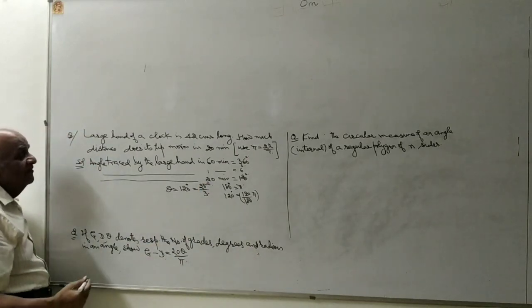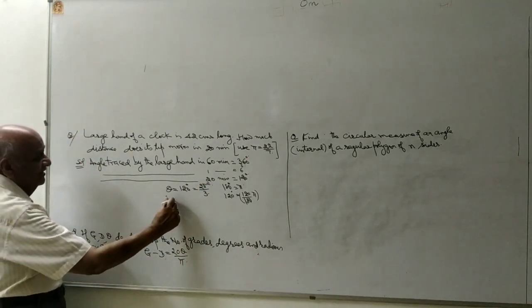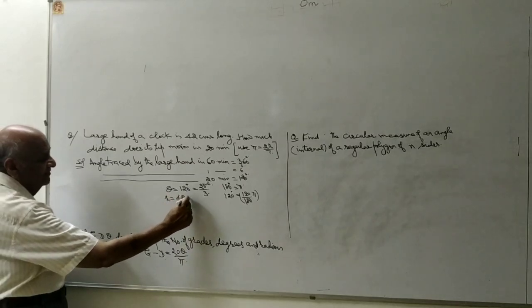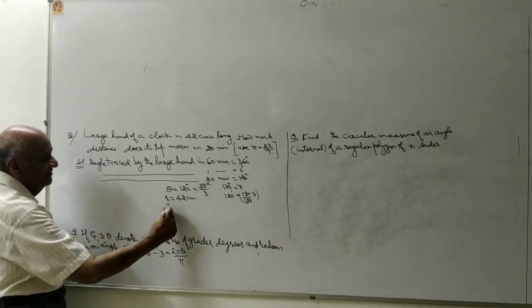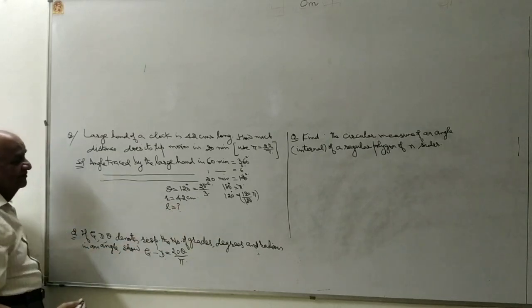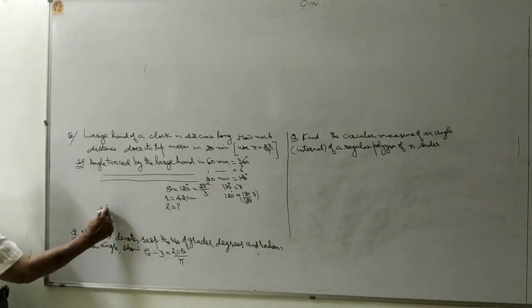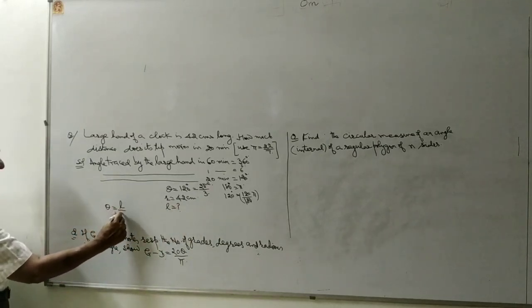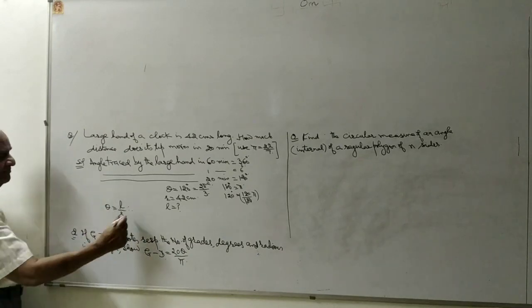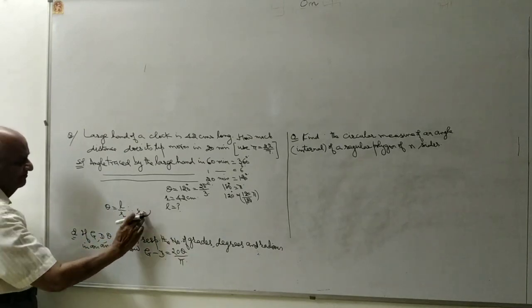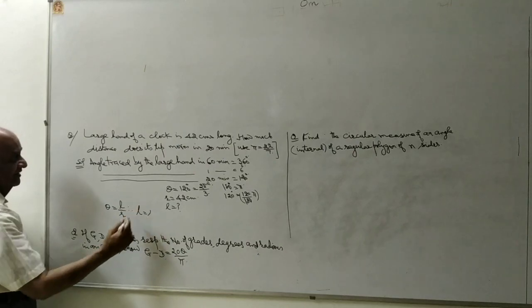The large hand of a clock has radius 42 centimeters. Therefore, we have to find out L. So apply the formula, theta is equal to L upon R, and therefore L is equal to R theta. This is L, the distance traveled.